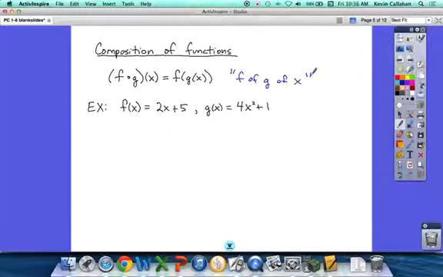So normally I would say to myself that this g of x is the inner function. The f of x is the outer function.